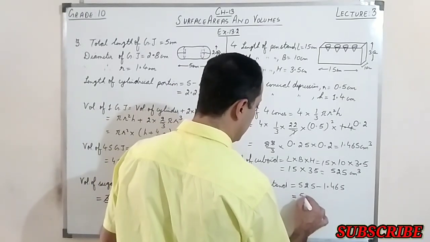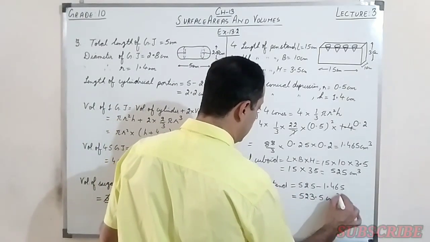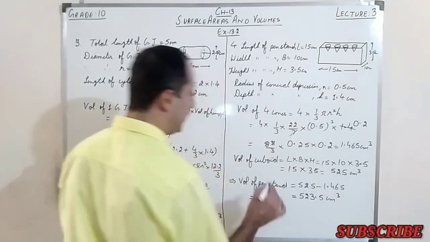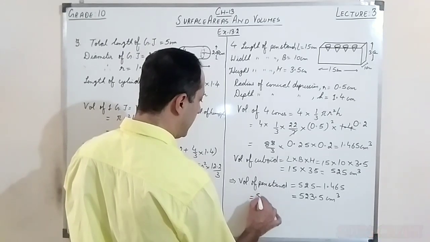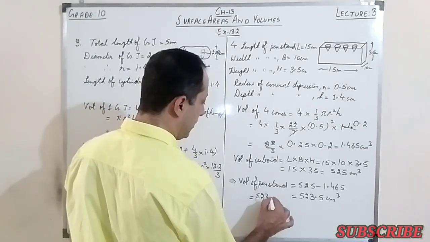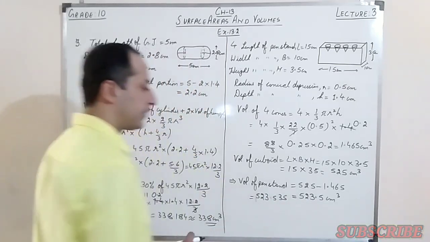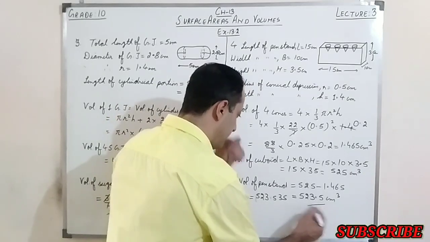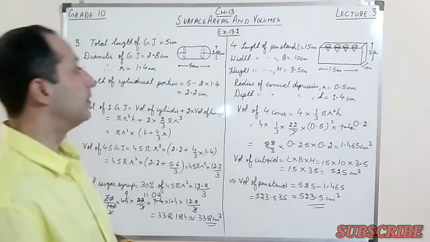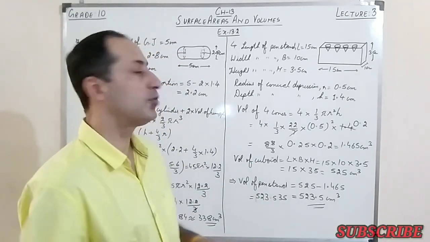Approximately, this is the value. Actually, the value comes out to be 523.535. This is the exact value. So we will just approximate and we get it as 523.5 centimeter cube.